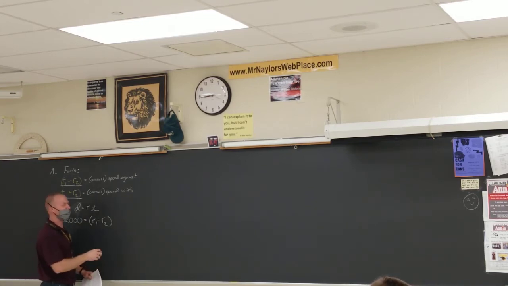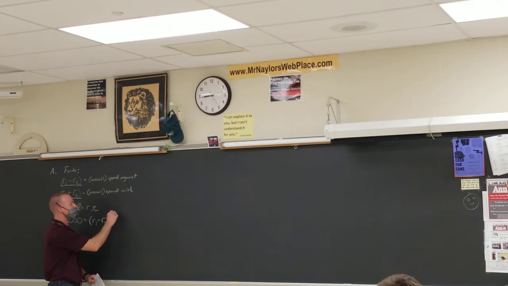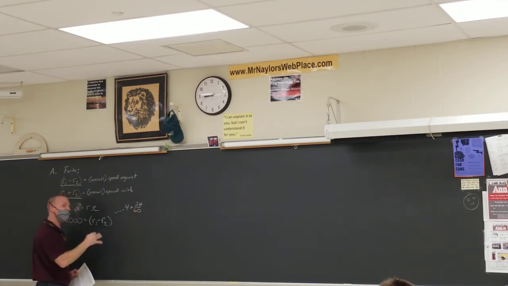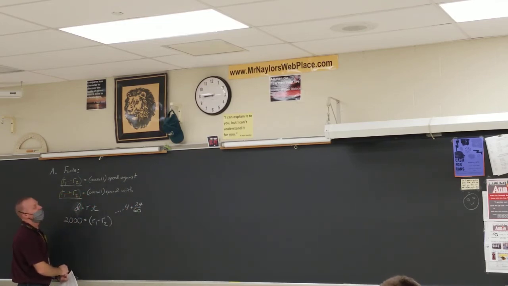There has to be something in you that says that's going to be strange to write down, 4 hours, 24 minutes. We need to do a little side thinking as far as converting 4 hours, 24 minutes into something that is just pure hours. So remember, 24 minutes would be 24/60ths of an hour.